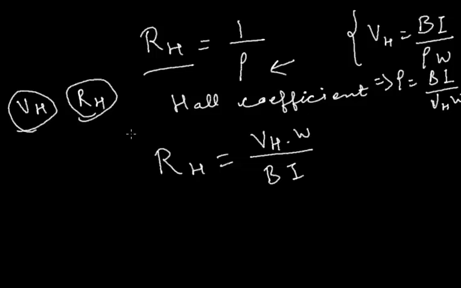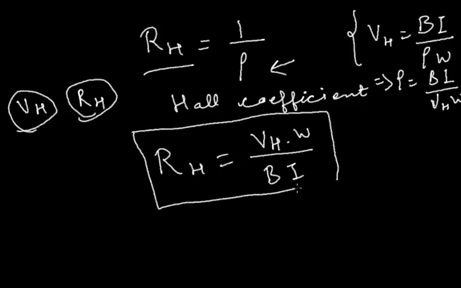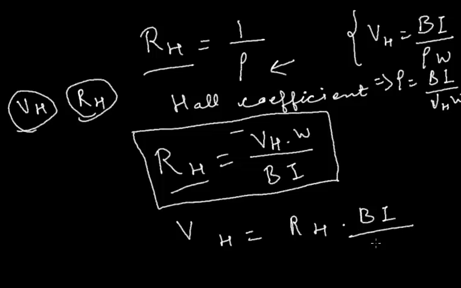Now what is this? This is the expression in which we have got RH and VH both, Hall coefficient and Hall voltage both. So this is the relation we were trying to derive. In some books they write like this: VH is equal to RH BI by W. Both have the same meaning. We can write any one.